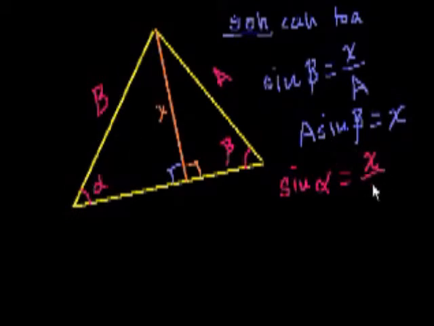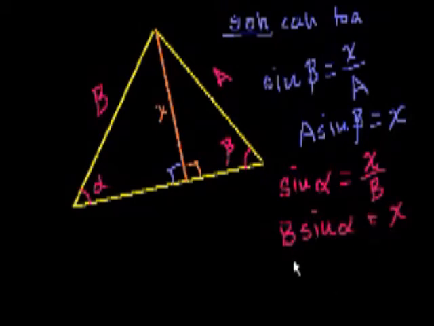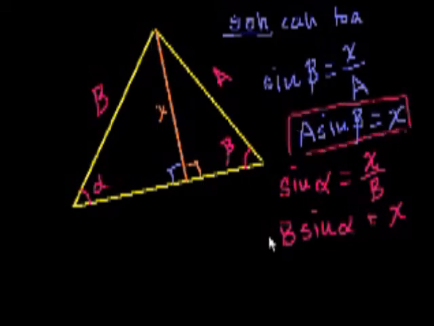So we can also write that sine of alpha is equal to opposite over hypotenuse. The opposite side in this case is x, and the hypotenuse, as I stated earlier, is B. So let's solve for x again. We would multiply both sides by B, and you get B sine of alpha is equal to x.